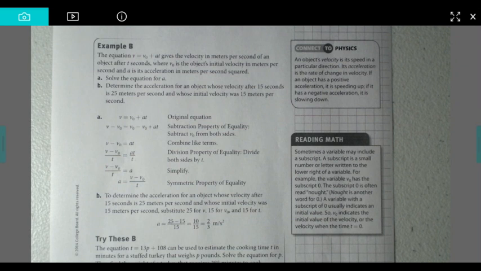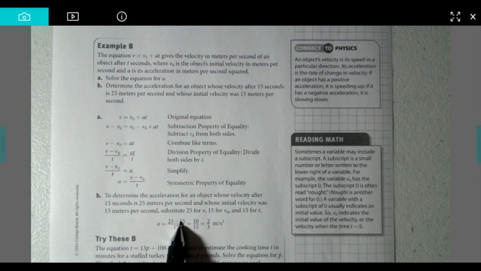Now, it says to determine the acceleration for an object whose velocity after 15 seconds is 25 meters per second and whose initial velocity was 15 meters per second, substitute 25 for V, 15 for V naught, and 15 for T. So they substituted in 25 for the current velocity, 15 for the initial velocity, and 15 for the current time.